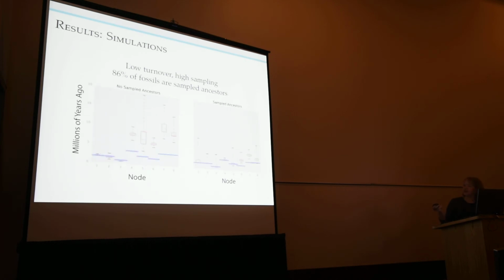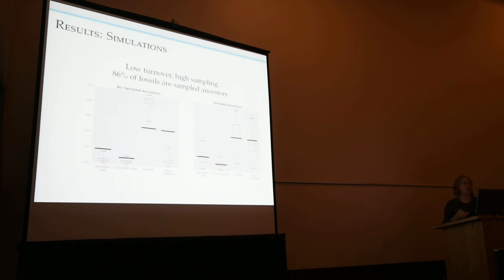And by the time we get to having an extremely large amount of sampled ancestors, we have HPD values that don't even contain the true value for those no sampled ancestors models. And they are a little bit high on the sampled ancestors models, but not nearly to the same extent. And again, we see that same thing where we're forcing a really high turnover for those nodes.